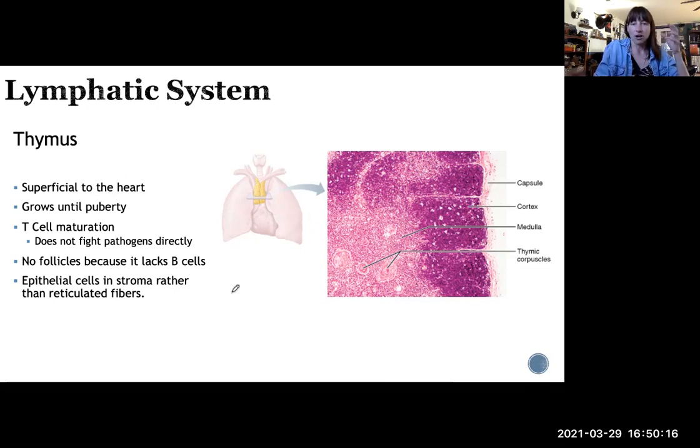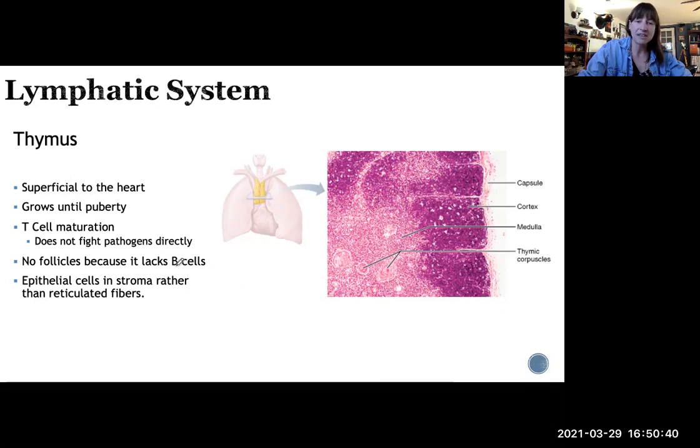Then you have T cells that have been educated in each of these things. So as you get older, you don't need as many of them as you do when you're first starting out and you're exposed to this nasty, disgusting world that we live in, right? Okay, and again, it's underneath the sternum, just superficial to the heart, okay? Just anterior to the heart.